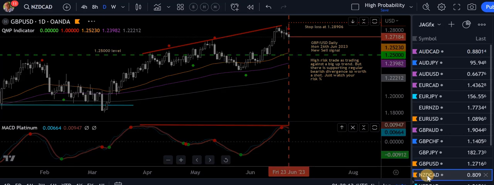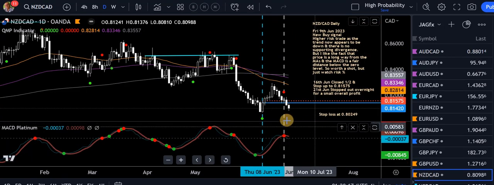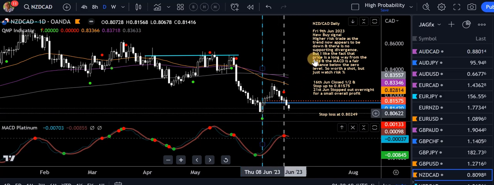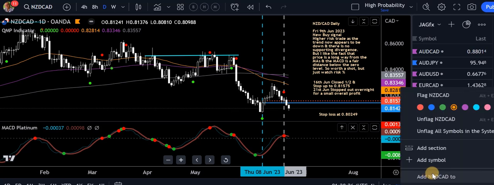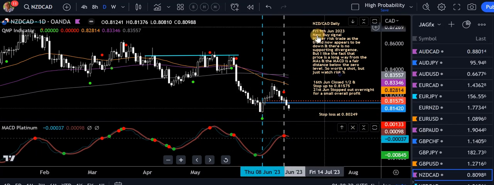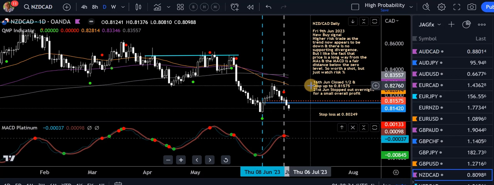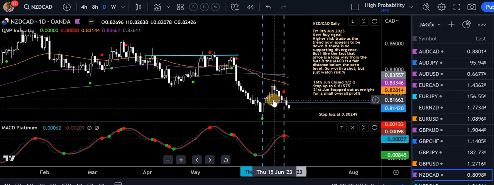New Zealand CAD, highlighted in orange. Sort of messed up on this a little bit, but the buy I didn't, because what it's highlighted in orange is because a trade was stopped out, right? So no dramas, didn't lose any money. So we took a buy here on the 9th of June. 16th of June closed half, so that's the 15th there.